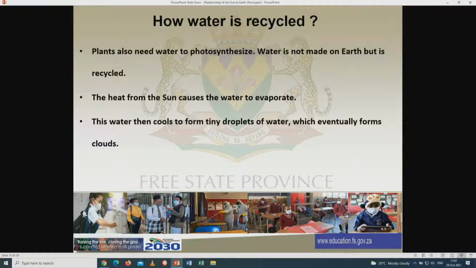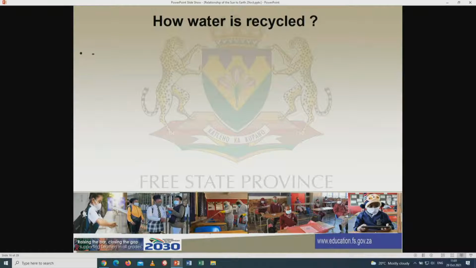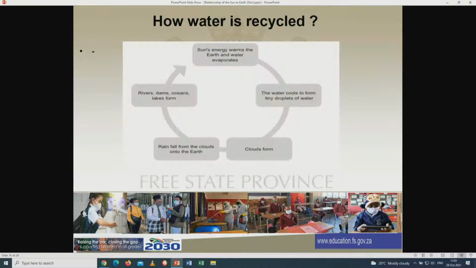This water then cools to form tiny droplets of water, which eventually forms clouds. Rain then falls from the clouds onto the earth. Now, let's look at this picture, which shows it much better.